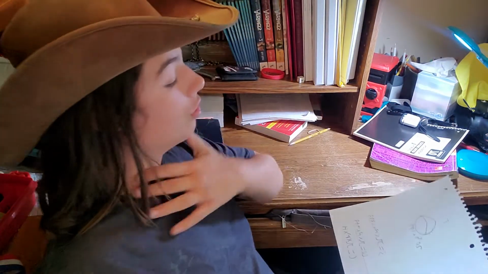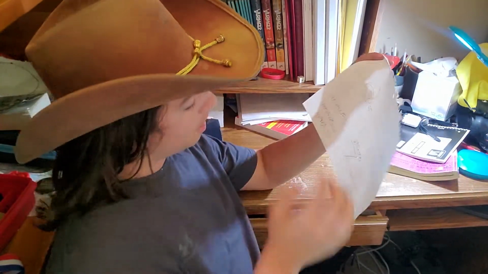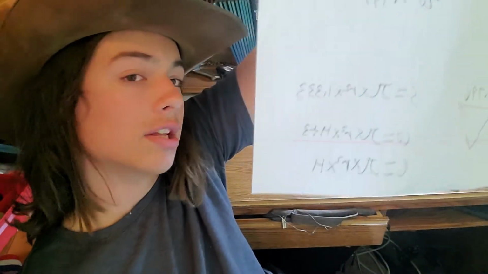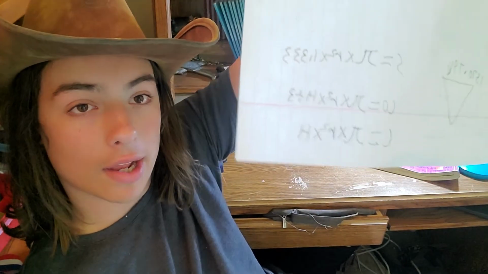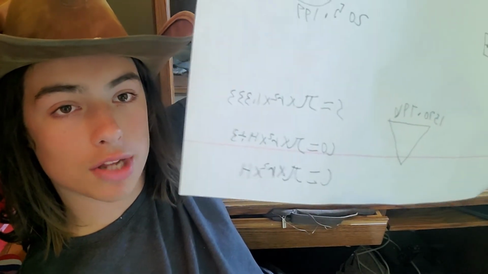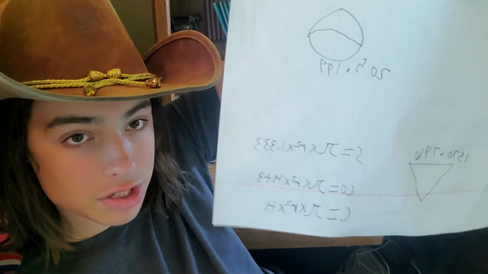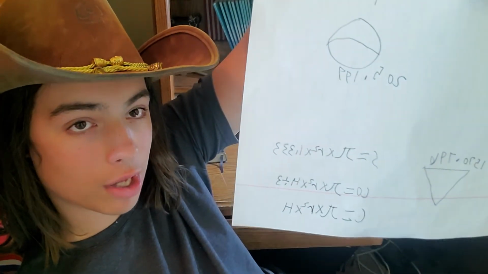Alright, sorry, you guys had to wait a bit, but the equation for a cylinder is pi times the radius squared times the height. For a cone, it's pi times the radius squared times the height divided by 3.